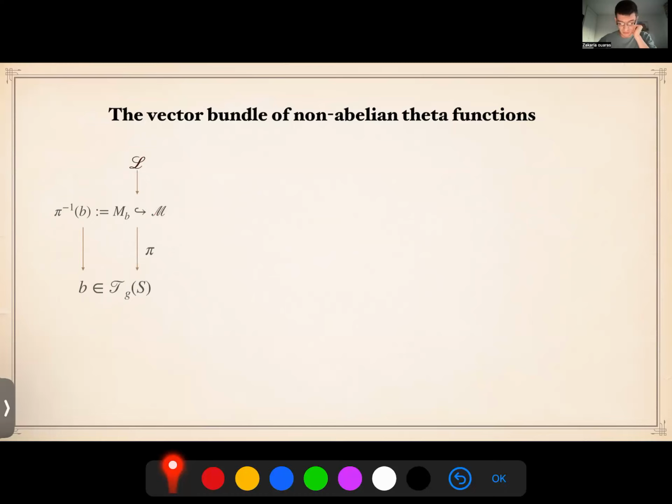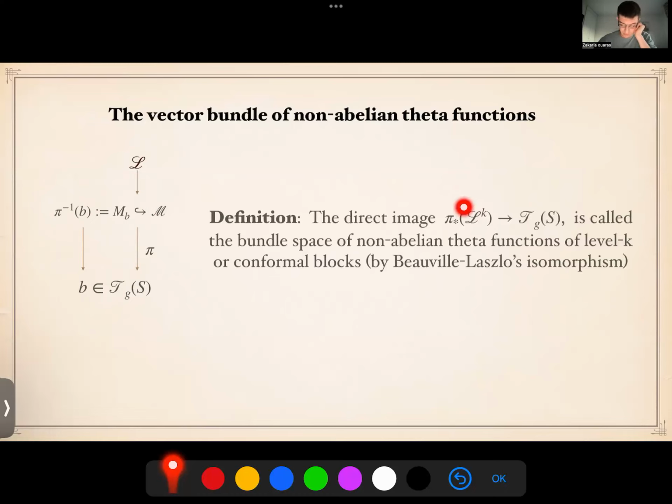What we mean by the bundle of non-abelian theta functions is that you take the push forward of the positive k-th power of your line bundle, so you will get what we call the non-abelian theta functions of level k. k is a positive integer. Equivalently, this vector bundle, we also call it the conformal blocks. This is due to the isomorphism given by Beauville and Laszlo.